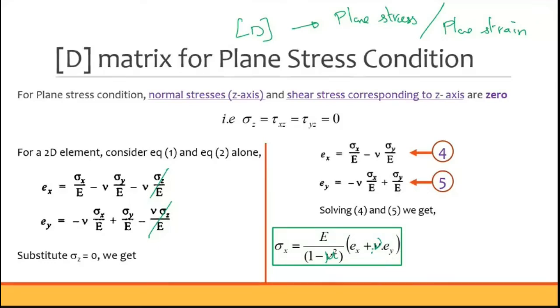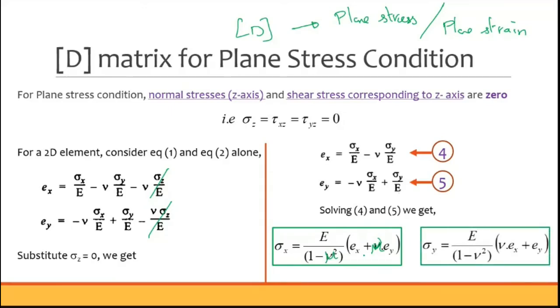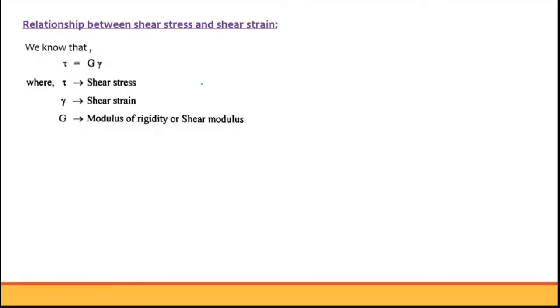Similarly, for sigma Y we get another term. Now tau, I can write as G into shear strain, where G is shear stress by shear strain.